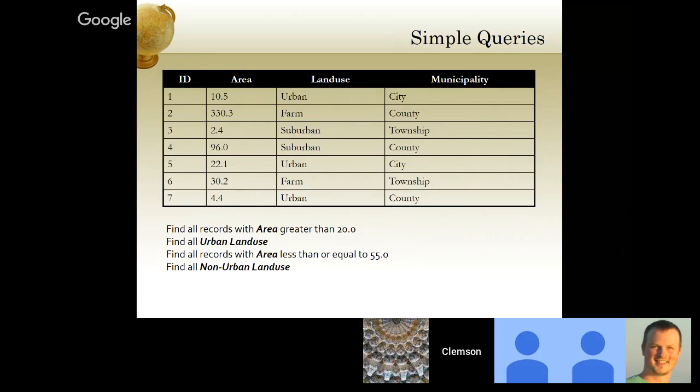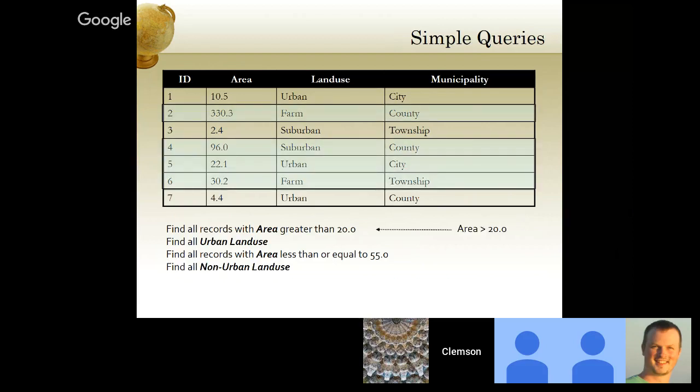So let's try it out on a table of values then. We have some information about different areas, both their size, their land use type, and the municipality. How many records would be returned from a selection where our area is greater than 20 units? It's equal to 4.